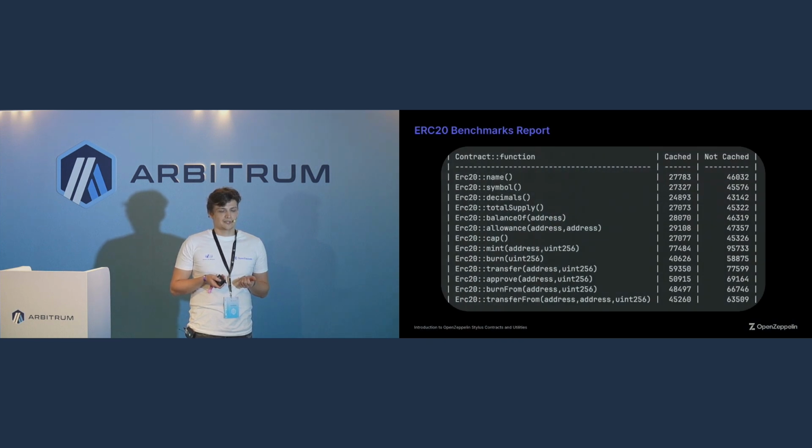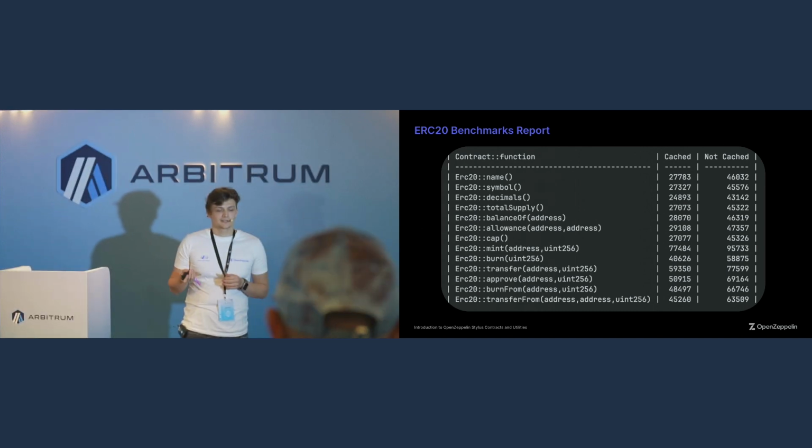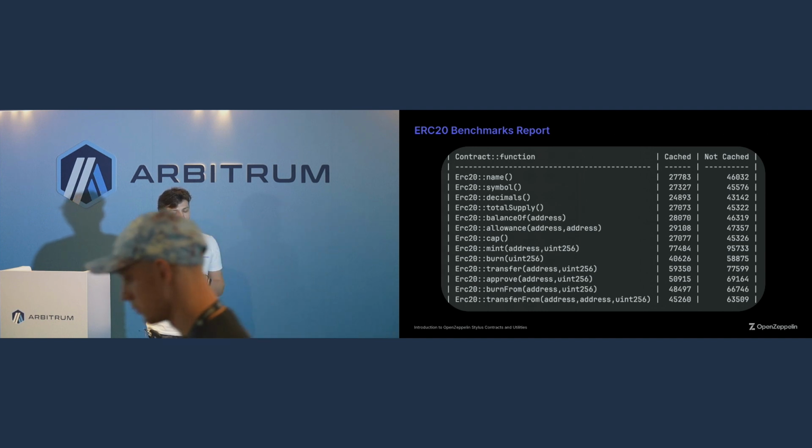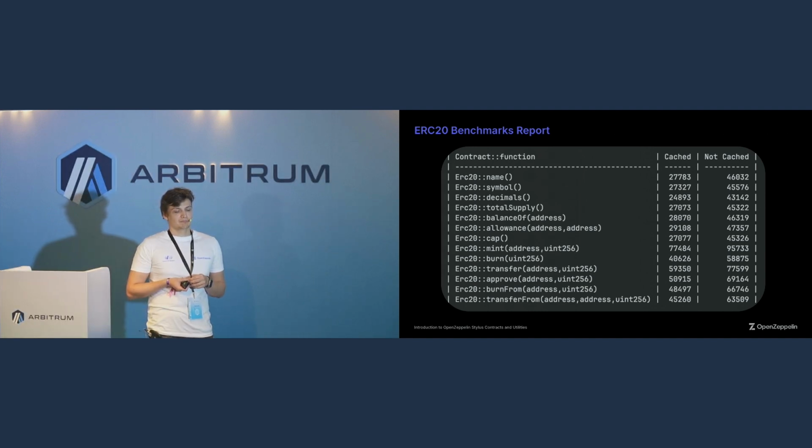That is a screenshot, a snapshot of our pipeline for ERC20. Of course, it's possible in Stylus to cache a contract, and the gas price will be a bit less for the call, basically 20,000 less, as you can see. Overall it looks quite good.